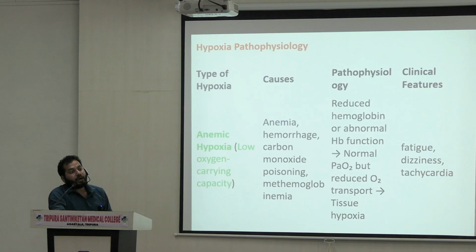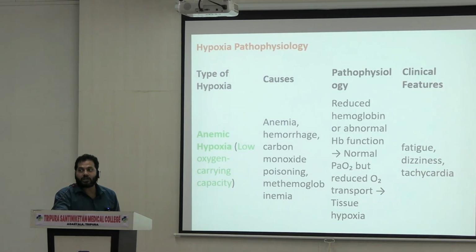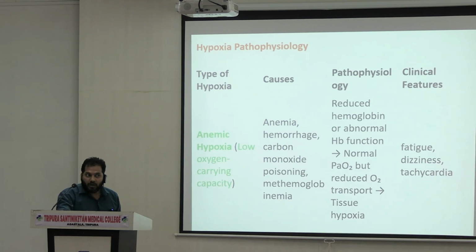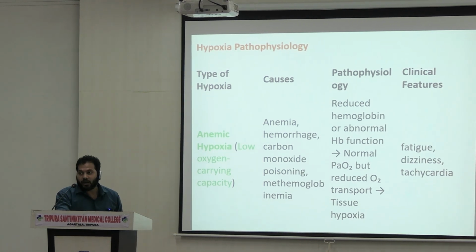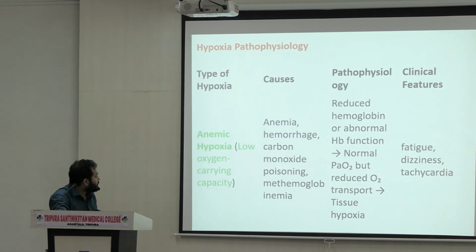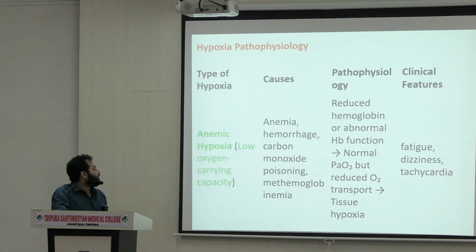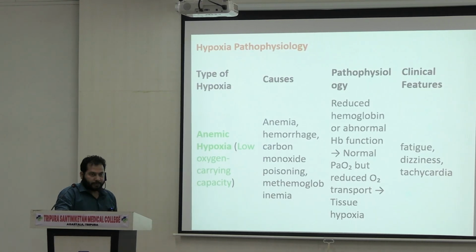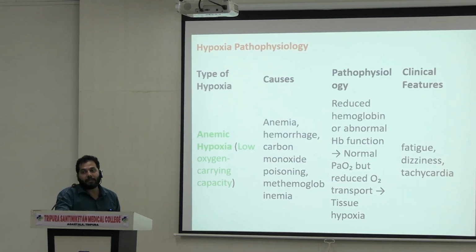Due to the reduction in hemoglobin concentration, it directly affects the carrying capacity of oxygen, right? So there is a high chance of anemia in anemic hypoxia. Similarly, in some cases abnormal hemoglobin function also affects the oxygen carrying capacity.